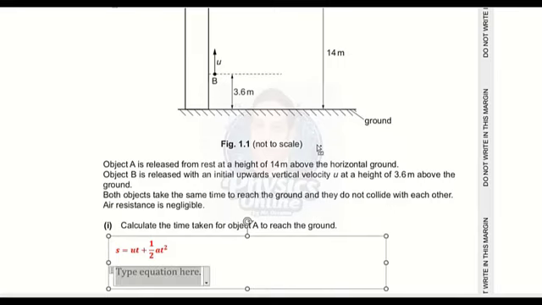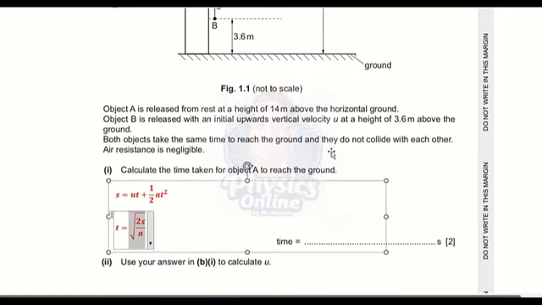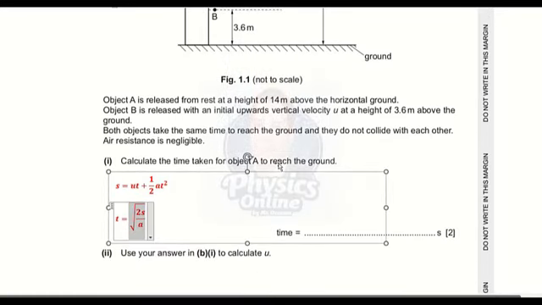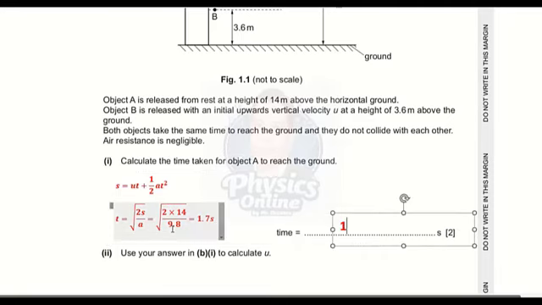So s equals half at squared, and t equals the square root of 2s over a. Substitute: the root of 2 times 14 divided by 9.81. Use the calculator, and you will find it equals about 1.7 seconds. So this is the time, 1.7.